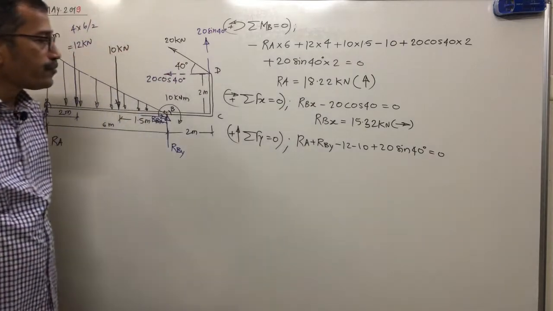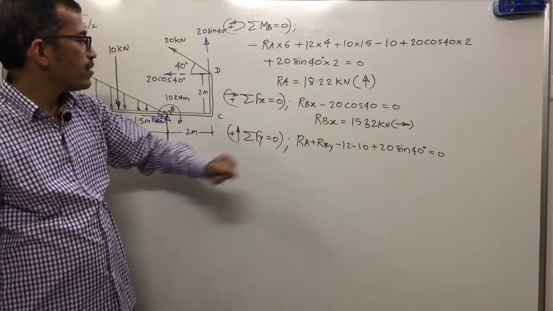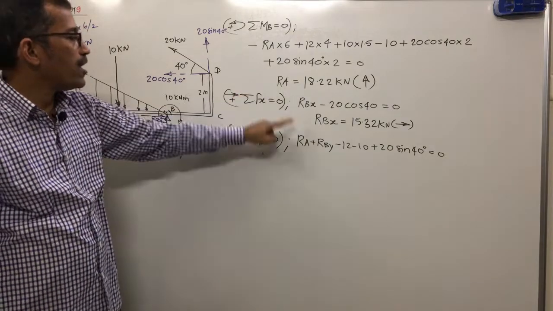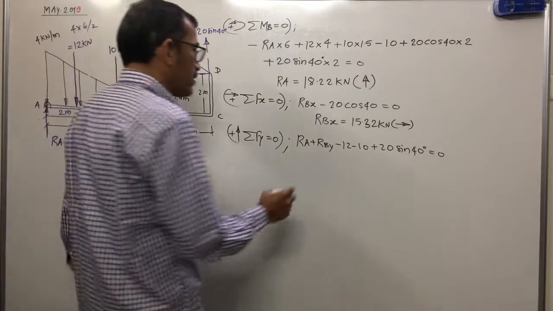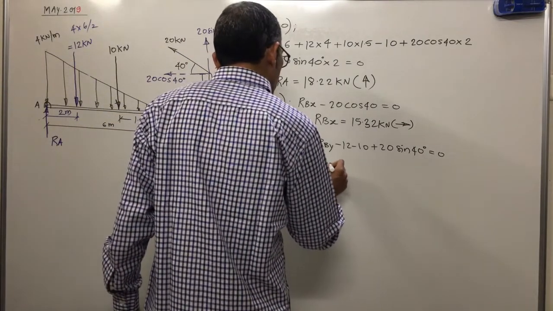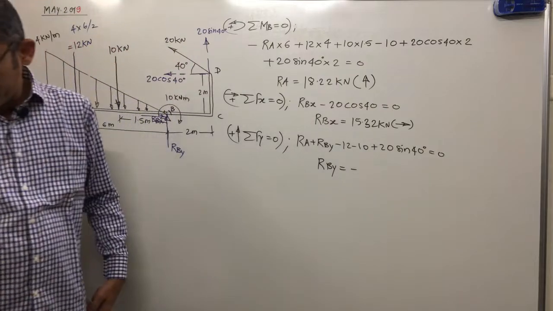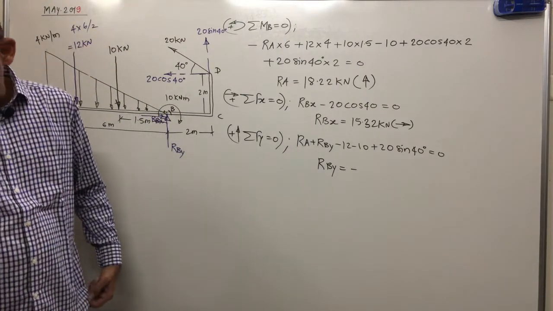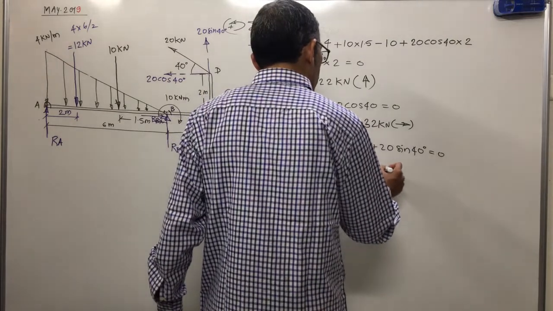Now RA is known, so substitute it here and find RBY. But the RBY answer is not positive. It is negative, and comes out to be minus 9.08 kilonewton.